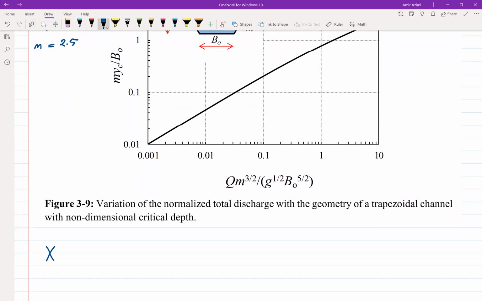I call it x, which is this equation: QM to the power of 3/2 divided by g to the power of 1/2 B0 to the power of 5/2.